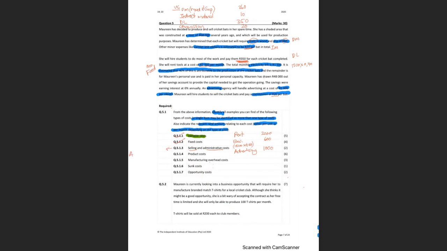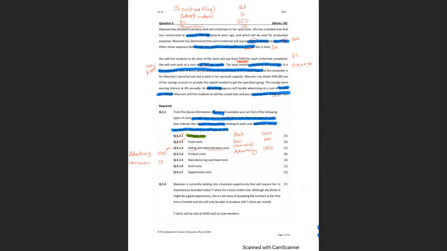It's going to be your advertising, which was the 1,000 Rand for the month, and then your commission is 20 Rand. Again, you don't need to total this.